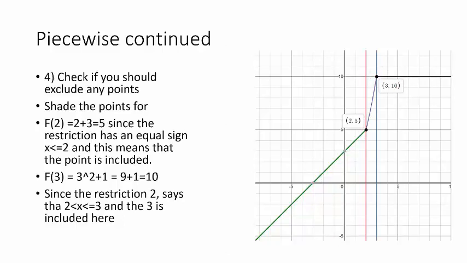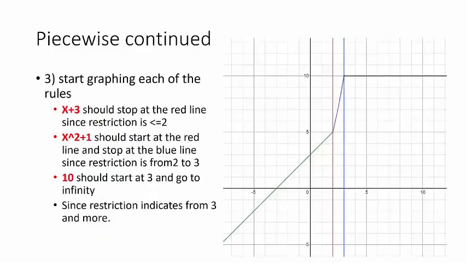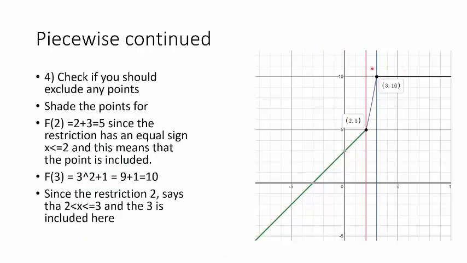While the other point is calculated by the second branch of the equation. Why? Because the equality now is at 3, x is less or equal to 3 on the second branch. So if you plug in the 3 inside the second branch, then you have 3 squared plus 1, that is equal to 10. And that's why the (3, 10) point should also be included in your graph.